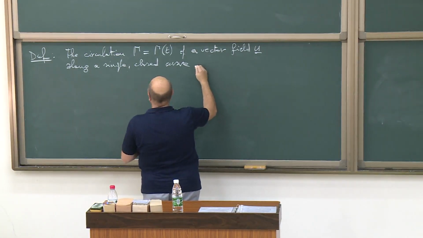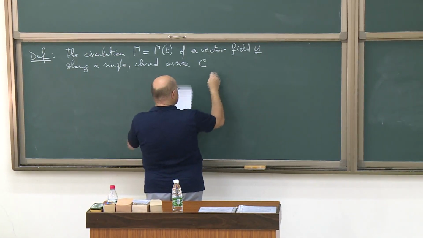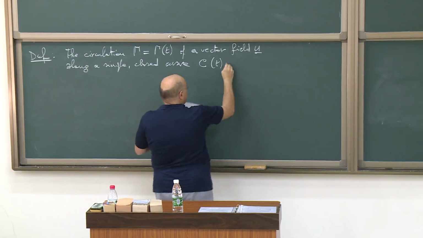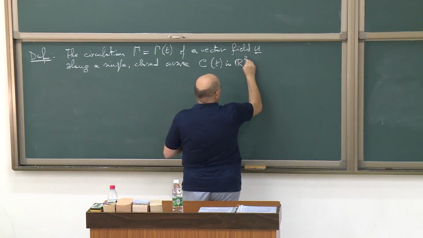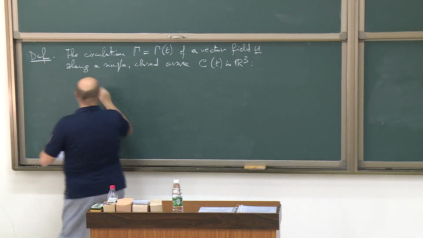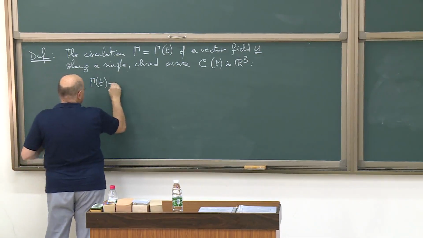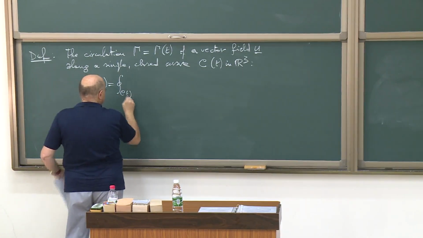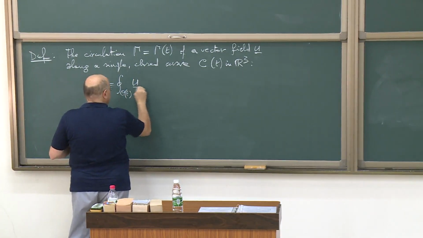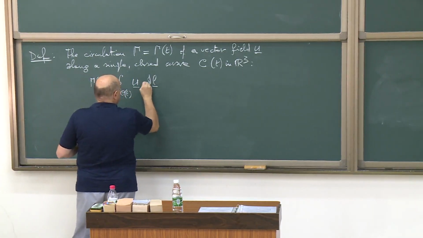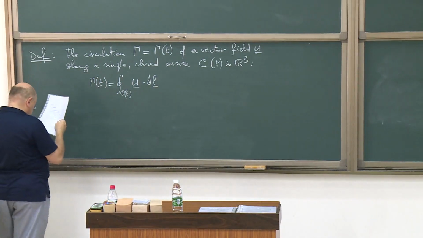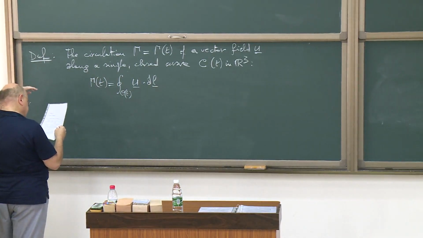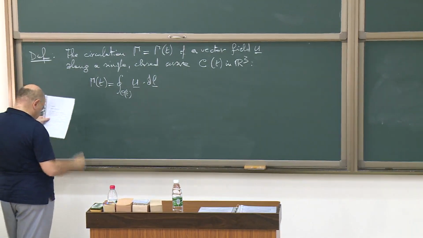Okay, in R3, so this is our curve C in R3. Gamma(t) is just the integral over the closed curve C(t) of u·dl, where l denotes the position vector on this curve.